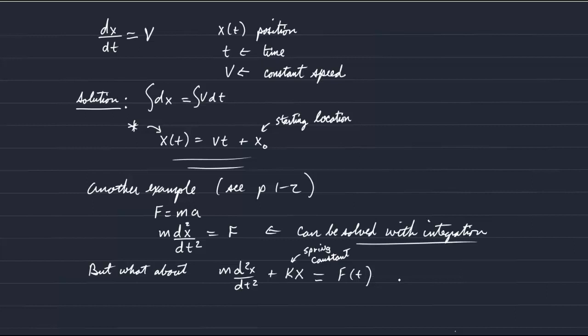We could try by integration. For example, if we integrate with respect to time once, we'll get something like m dx/dt. We're integrating both sides of the equation with respect to time. And so we have the integral of kx dt is equal to the integral of f of t with respect to t.